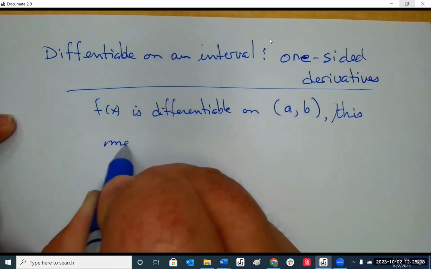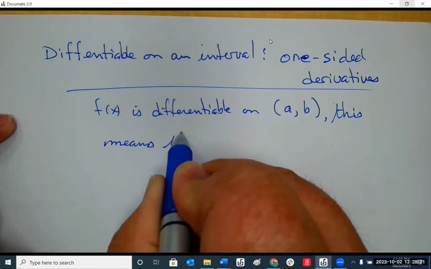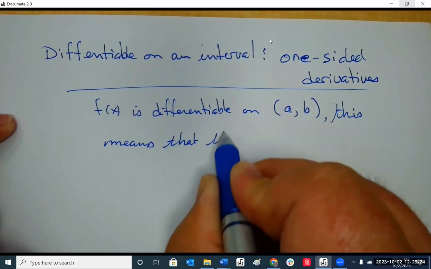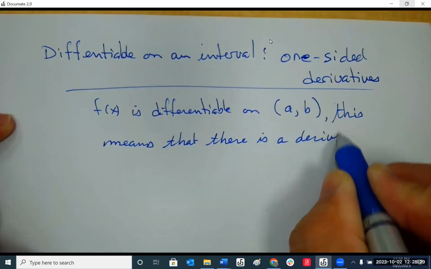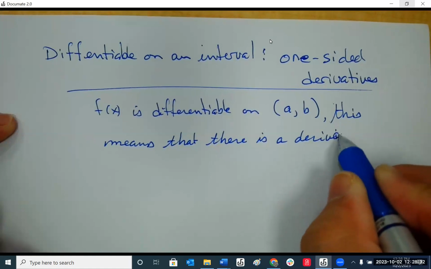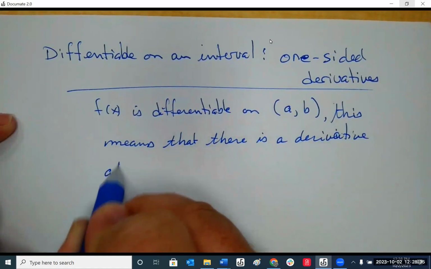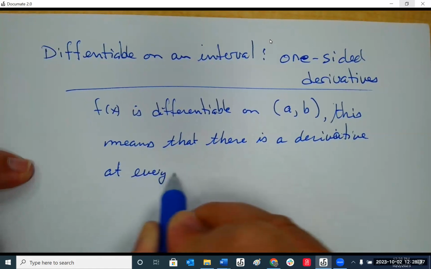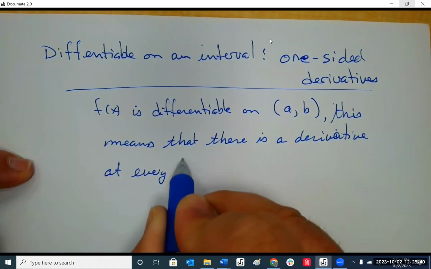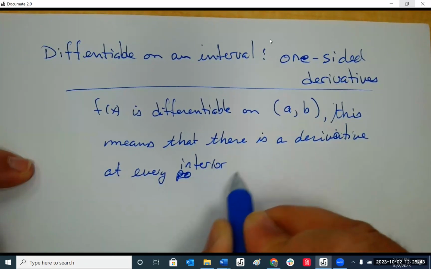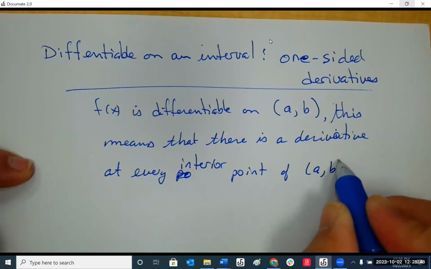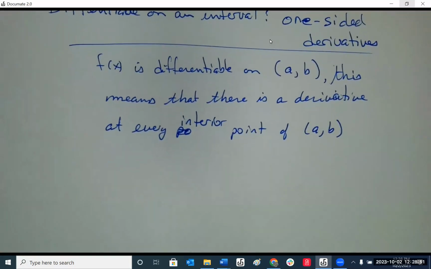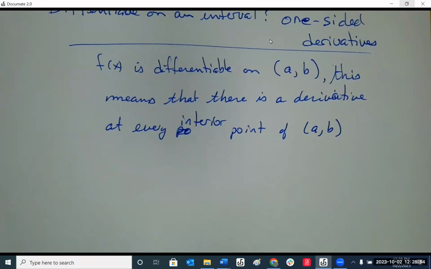This means that there is a derivative at every point, or every interior point, of AB. So if something is differentiable on an open interval, that means everything inside there is differentiable.